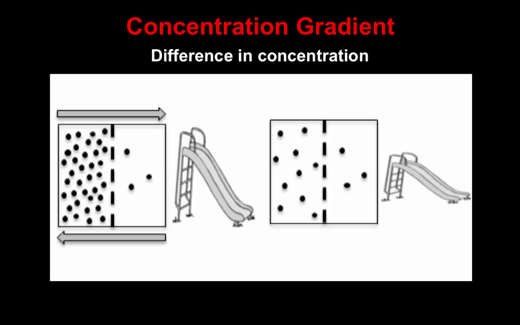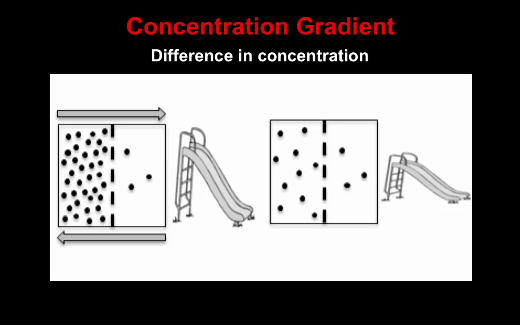So notice the picture on the left has a very high concentration gradient. There's a really big difference between the concentrations on either side. And so I've represented this by a very steep slide, meaning that things are going to go down very quickly. On the right, we have a much lower concentration gradient. There's not as much of a difference.